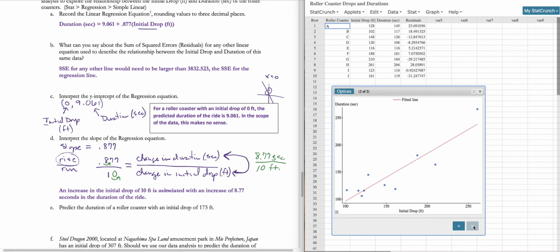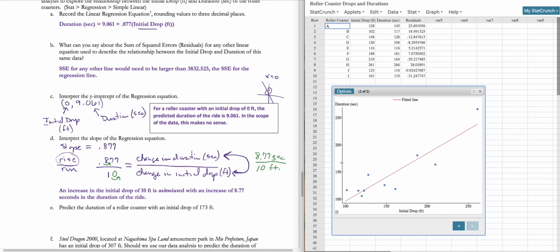So it is reasonable to then use this equation to make a prediction. But the second thing that must be true is that the x value that we're given must be within the scope of our data. An initial drop of 173 feet right about here is within the scope of this data. So we can go ahead and make this prediction. Guesstimate from the line, it looks like maybe about 160, 170, something like that.